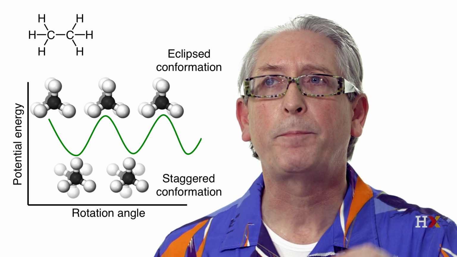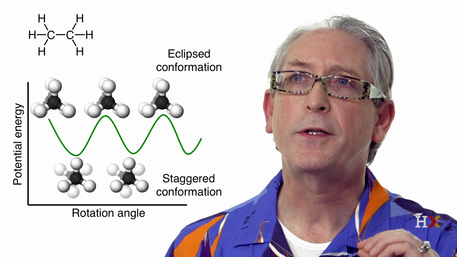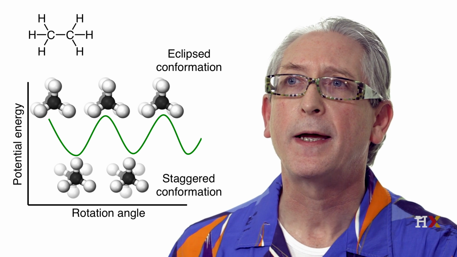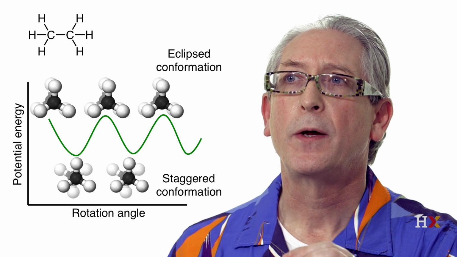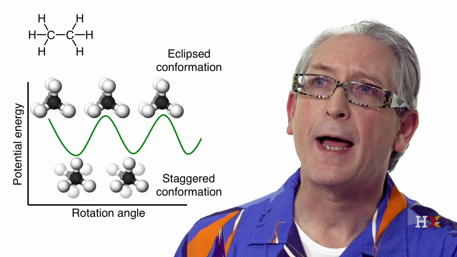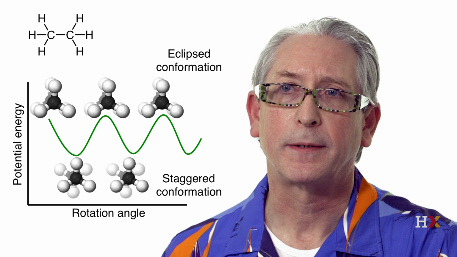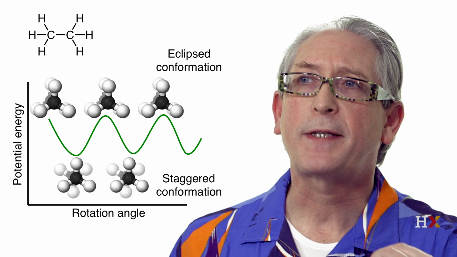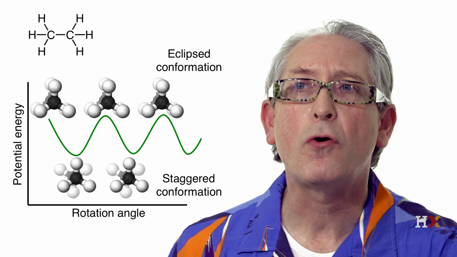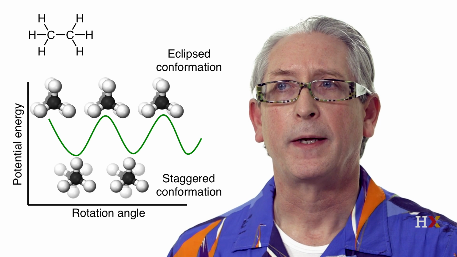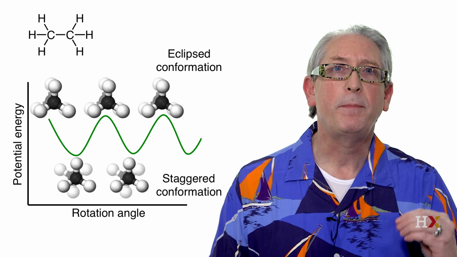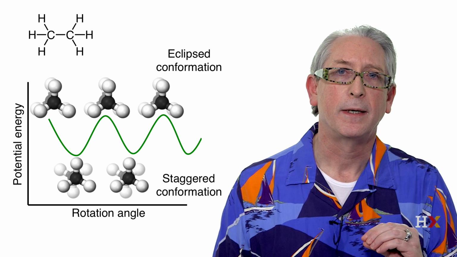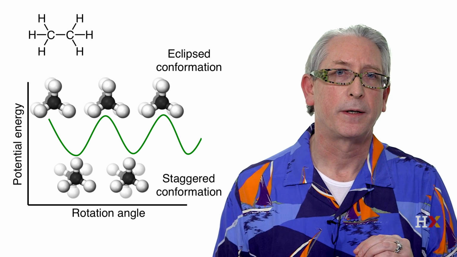The graph shows the potential energy of these two extreme conformations, one having the hydrogens eclipsed with one another, one having the hydrogens staggered apart. Due to steric hindrance, the staggered conformation has a lower potential energy. As we learned, it means that the staggered conformation has a higher stability than the eclipsed conformation.